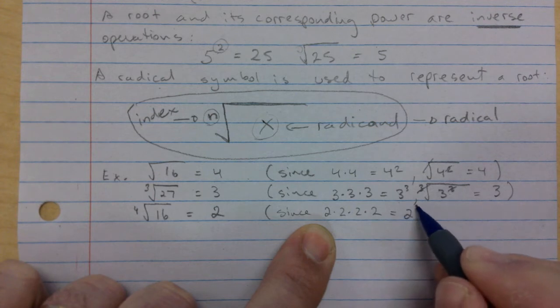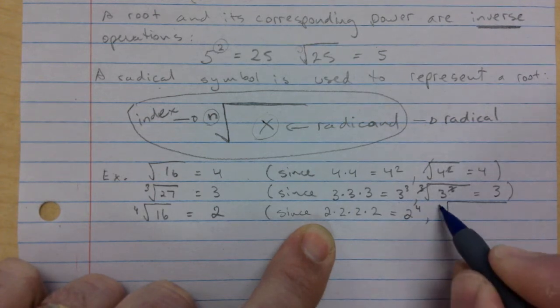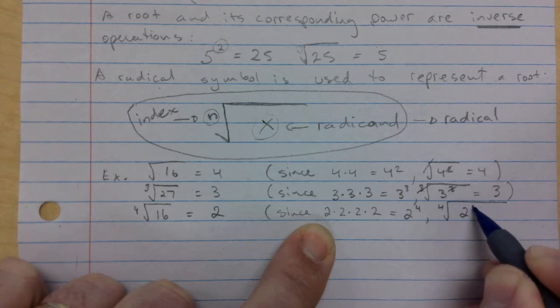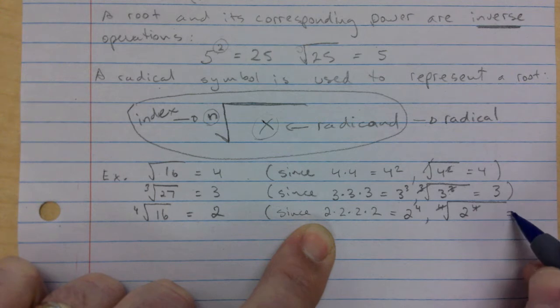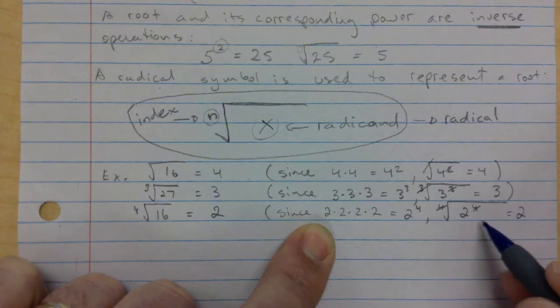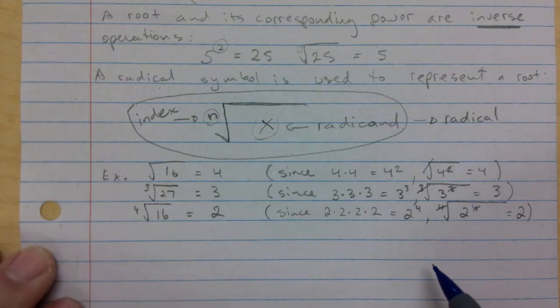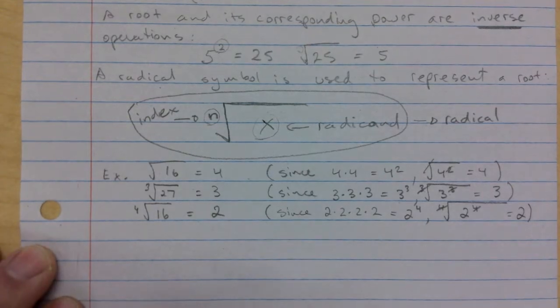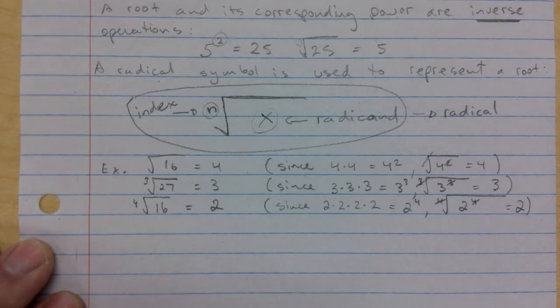That'd be 2 to the 4. Therefore, the fourth root of 2 to the 4, if the power and the index are the same, you're just left with the base. And that's basically what 4.1 is going to walk you through.